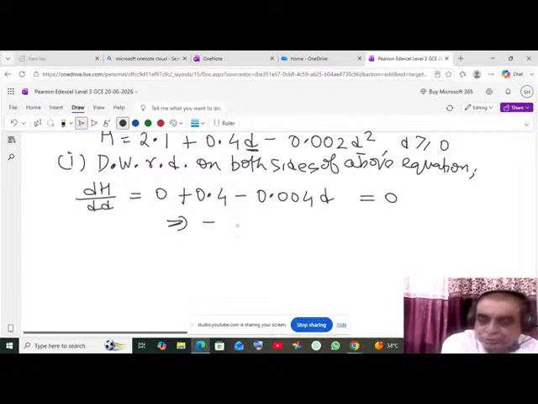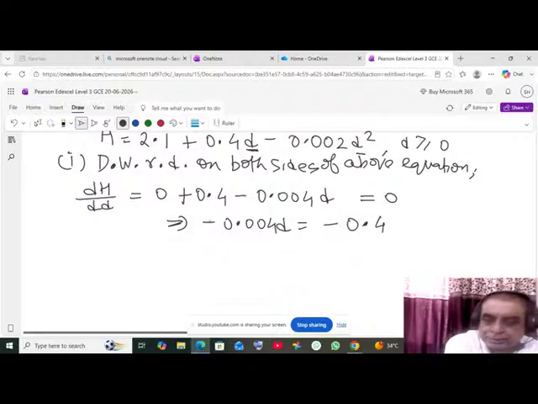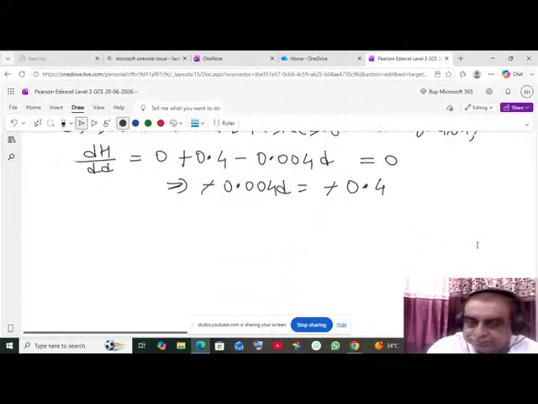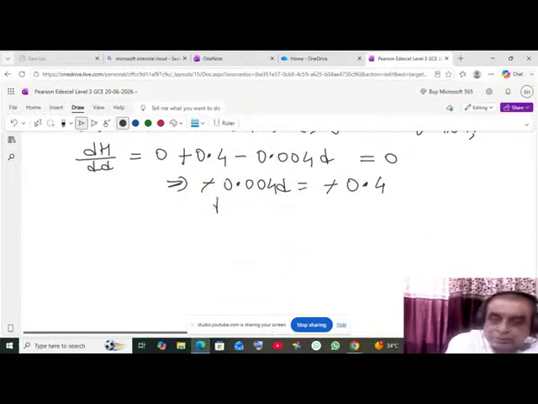So we are solving this equation: minus 0.004D plus 0.4 equals 0. Move it to the other side, it becomes minus 0.4. Now cancel the negative sign from both sides. Now find the value of D. The coefficient of D we move to the other side, and it changes to divide.